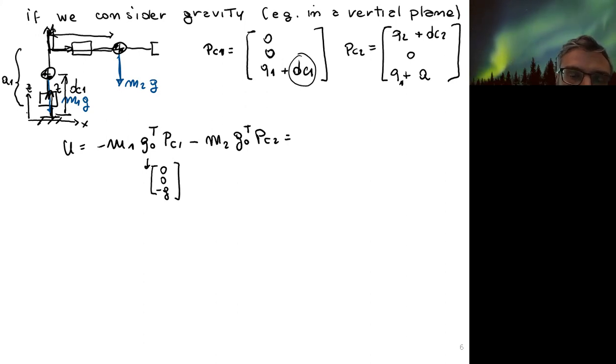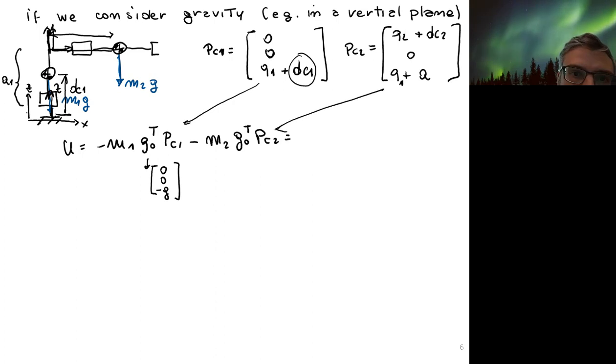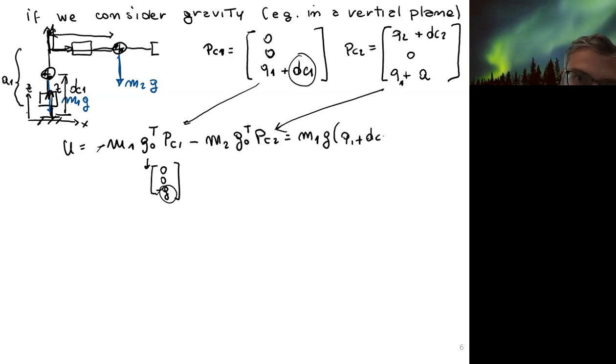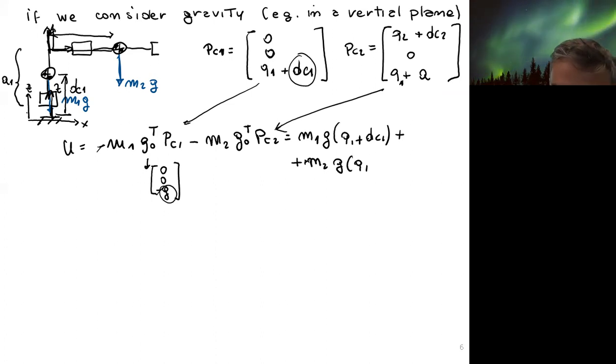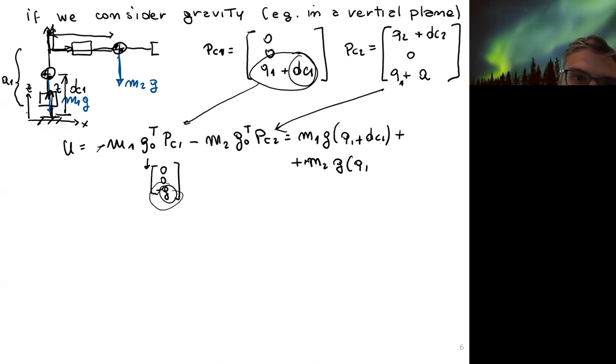If we replace this here and this here, the minus sign goes away with the sign of g, and we get M1 g, this is a scalar g, times q1 plus dC1, plus M2 g times q1, because projecting onto gravity, since gravity has only the z component, we get multiplied only the z component. So it is something like this.